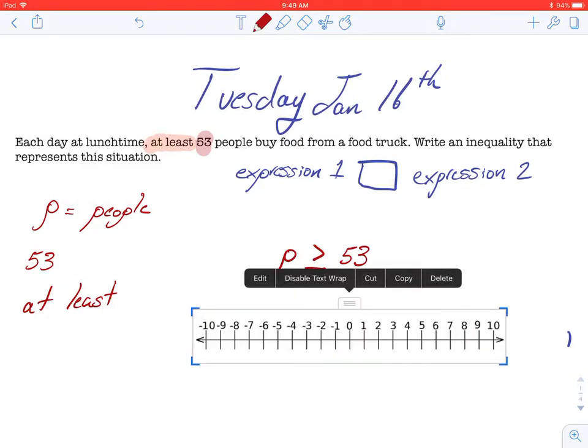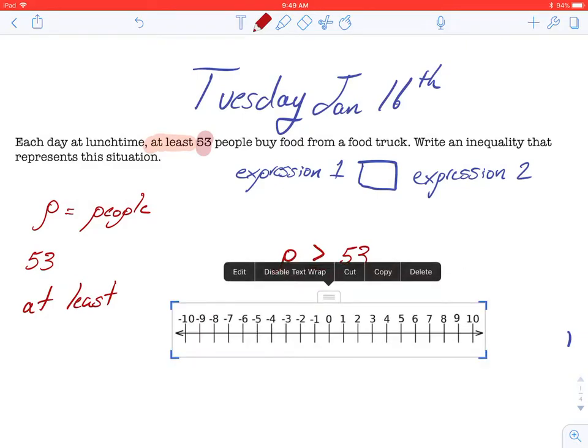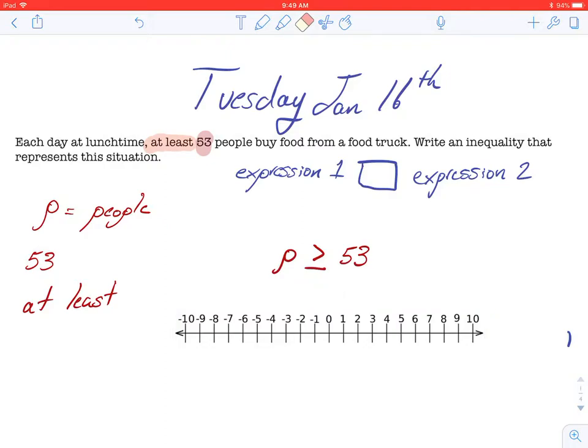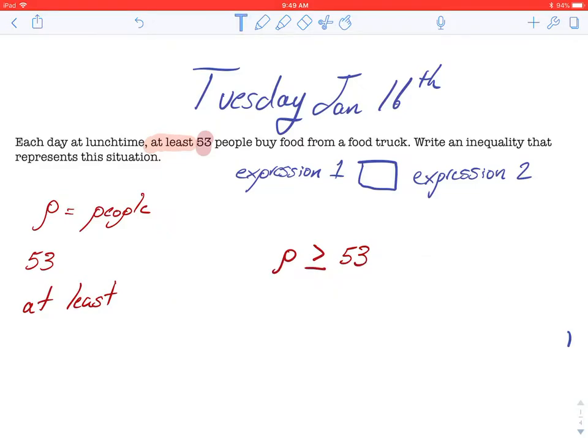Oh, actually this number line doesn't have enough numbers on it, so I'm going to take this out. We'll create our own number line. Here we'll put 0 somewhere over here, and then 53 can be over here. This can be something like 20, and this can be over here 100.